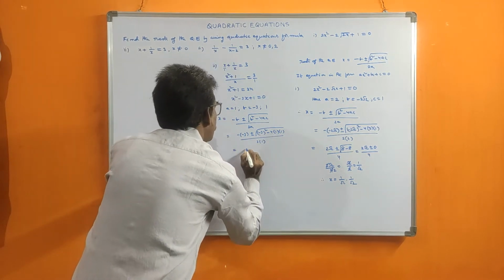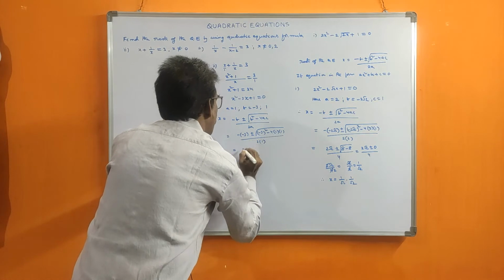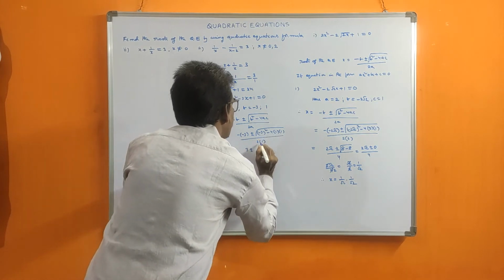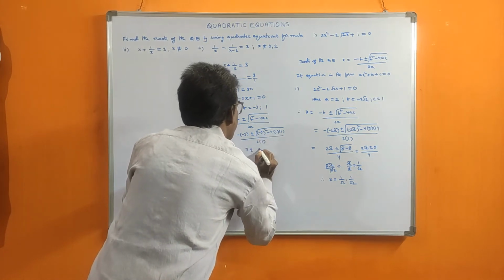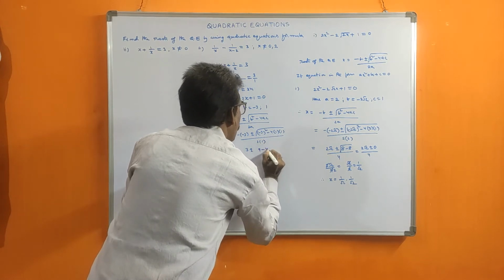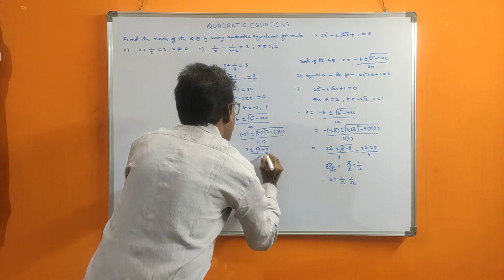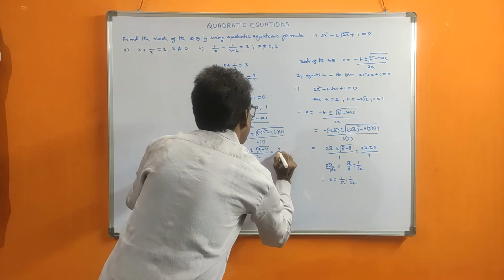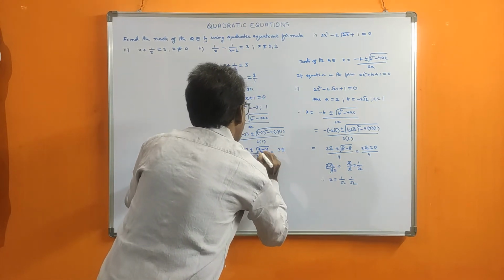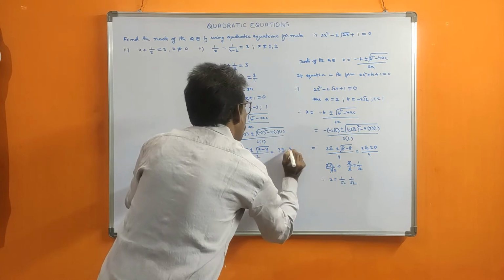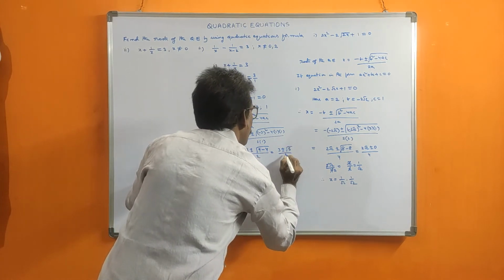So minus into minus, so this is 3 plus or minus 3 square is 9, minus square is plus, so 4 ones are 4, minus by 2, that is 3 plus or minus 9 minus 4 is 5, root 5 by 2.